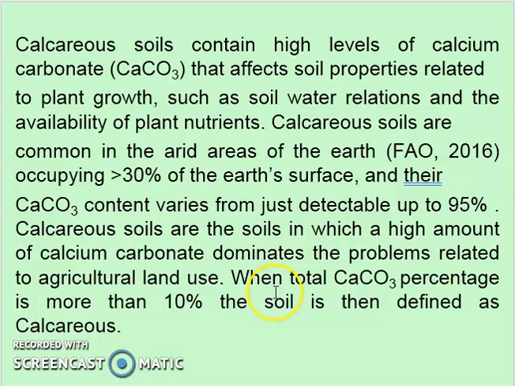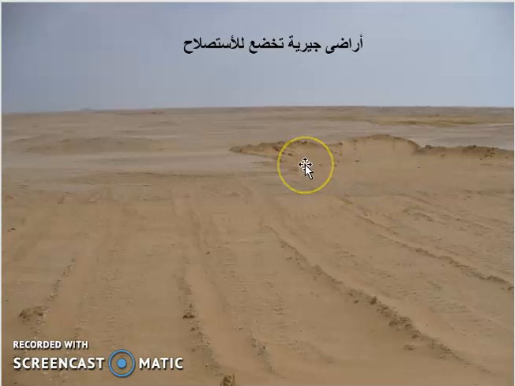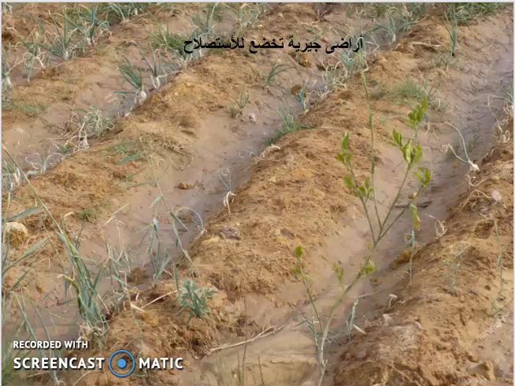So why 10%? Because at this ratio, the calcium carbonate affects the properties related to plant growth. This photo shows the shape of calcareous soil, but in general it looks like these photos.